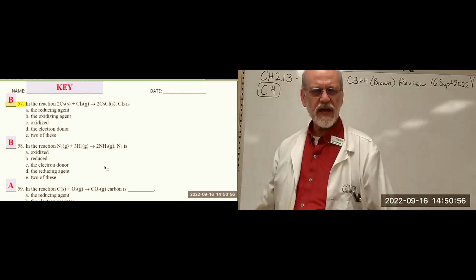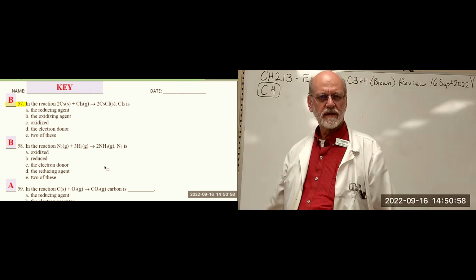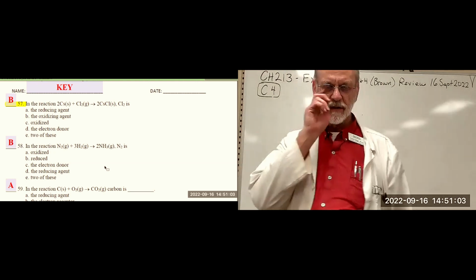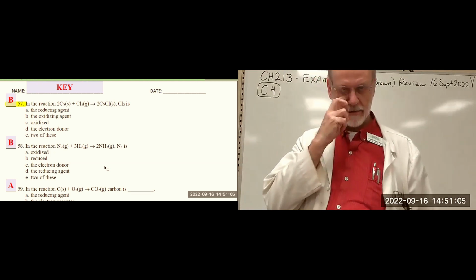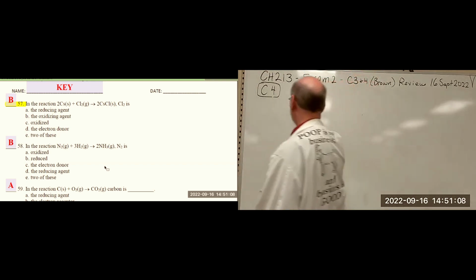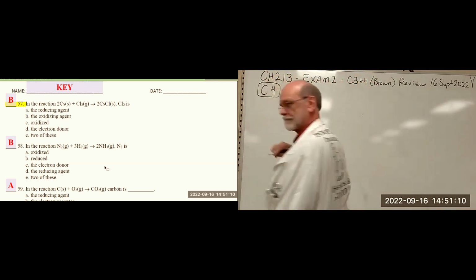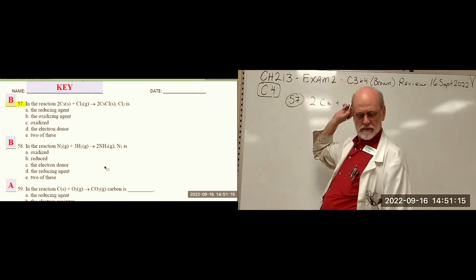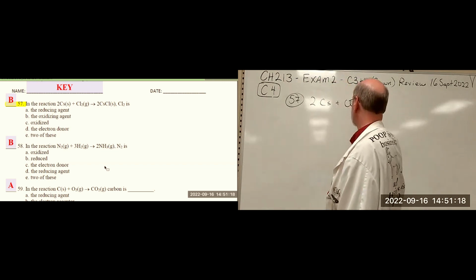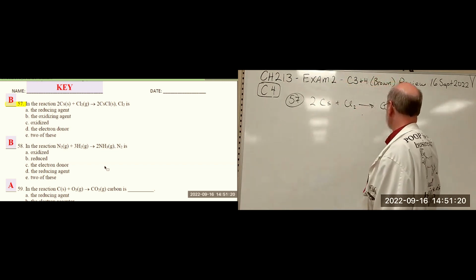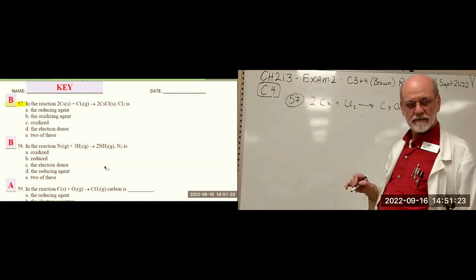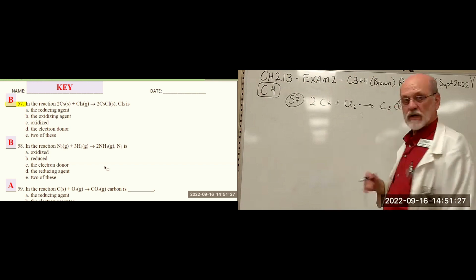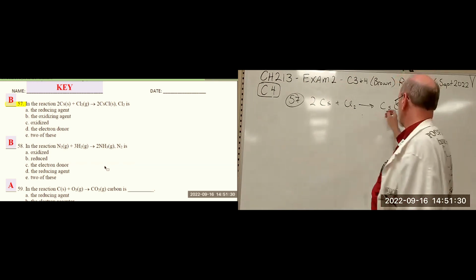Let's see. In this reaction, chlorine gas is what? Reducing agent, oxidizing agent, oxidized, electron donor. Let's draw this one out. Let's see. Cesium, chlorine, cesium chloride, right? And there are 2 of these.